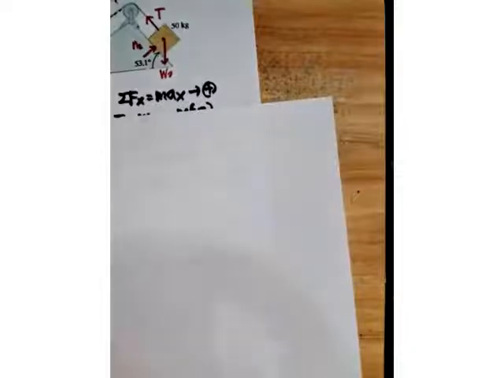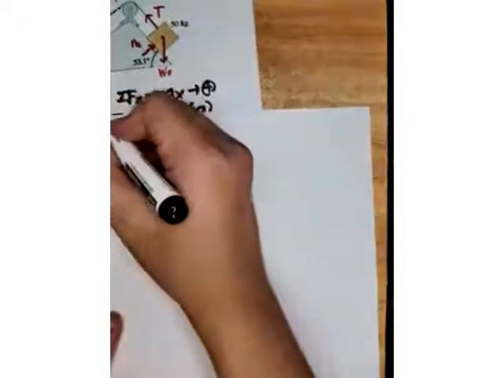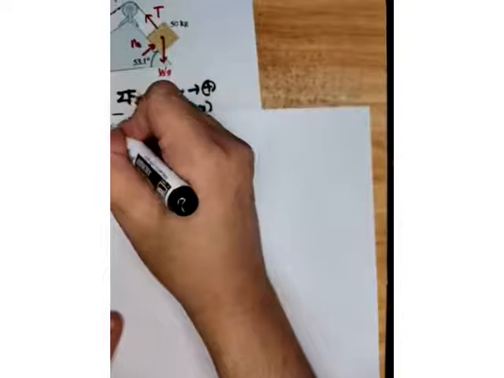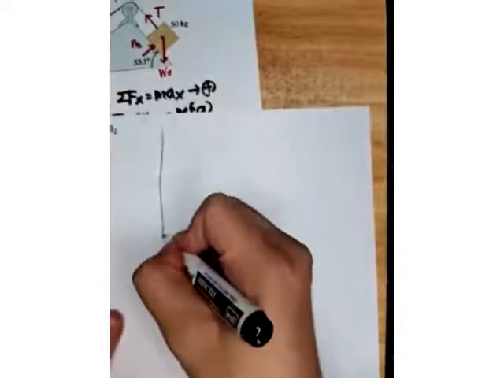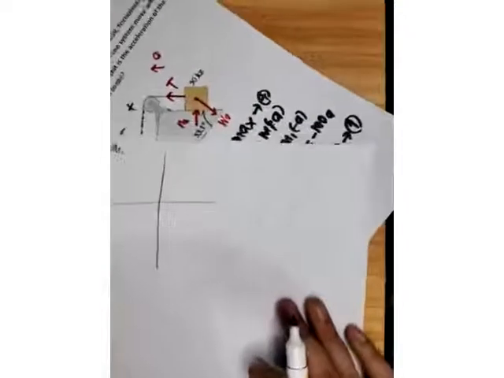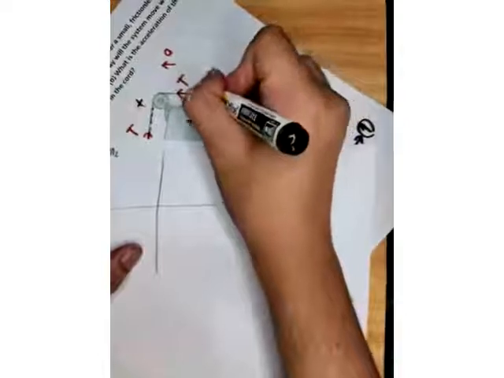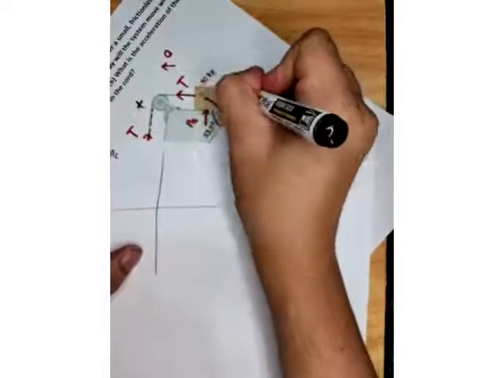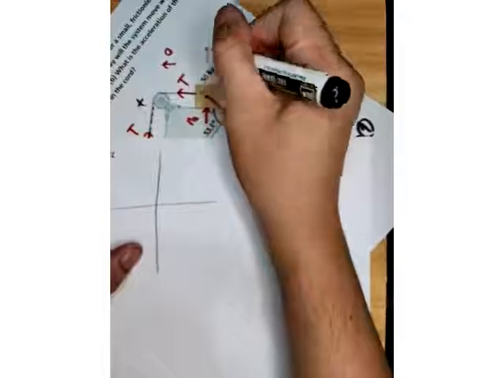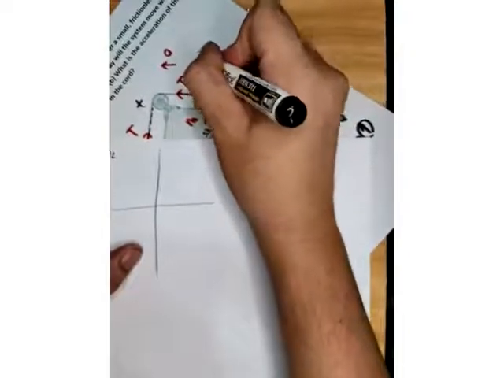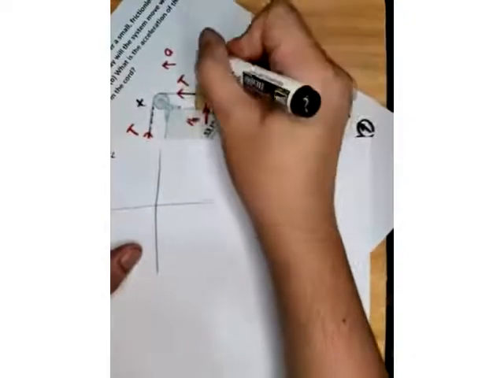Okay, now let's proceed to our next FBD. Weight mass 2. Ayan. So, ang mass 2 natin is same din. We need to rotate the axis so that the x-axis will be parallel to the surface. Ayan. So, it will be parallel to the surface.